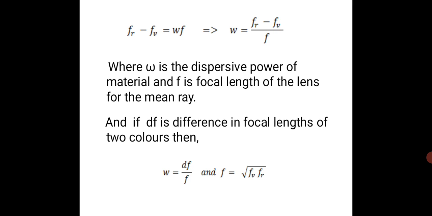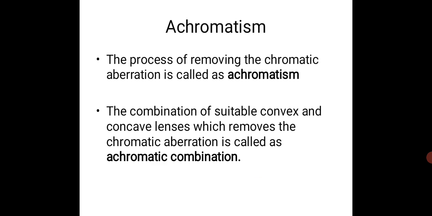Now we will go for achromatism. The chromatic aberration can be corrected by combining a convex lens made of crown glass with a proper concave lens of flint glass. If a beam of white light is incident on a convex lens, red color is rendered less convergent than violet color.